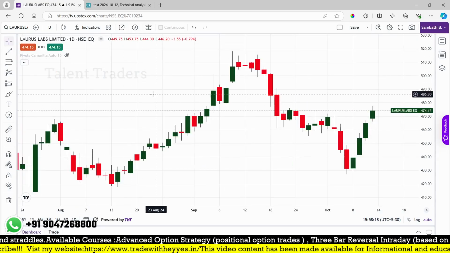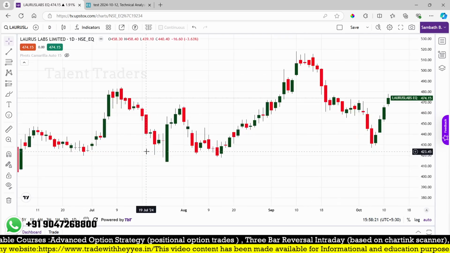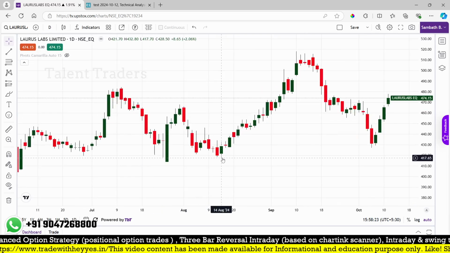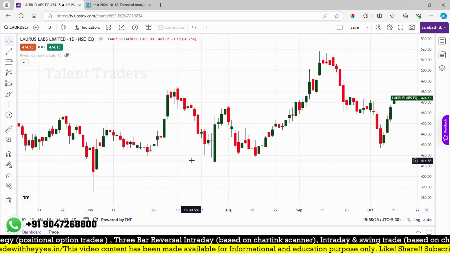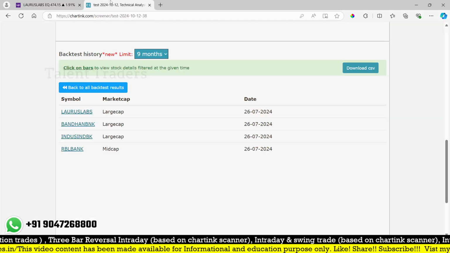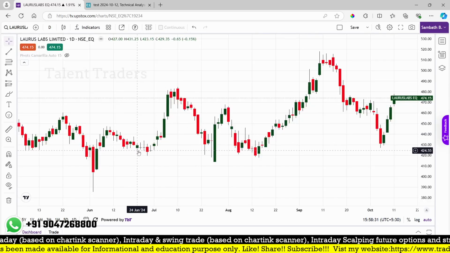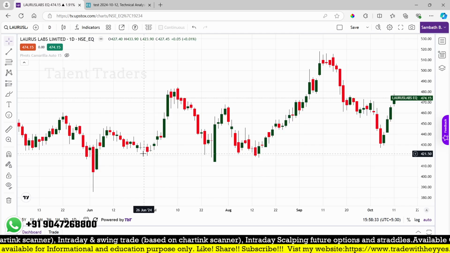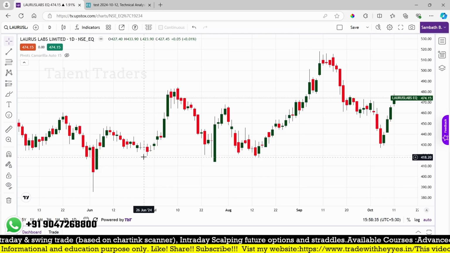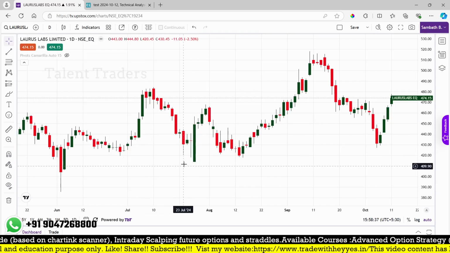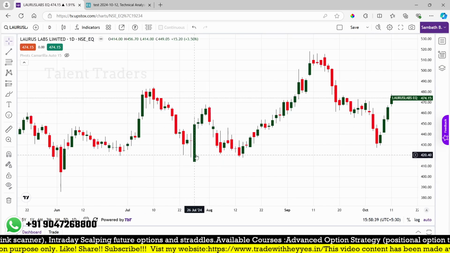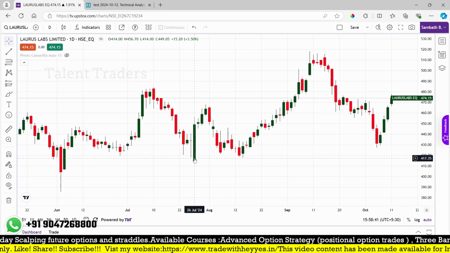Lara's, this is 14 August, but it doesn't happen within 30 candles. So Lara's Lab, the date is 26/7.